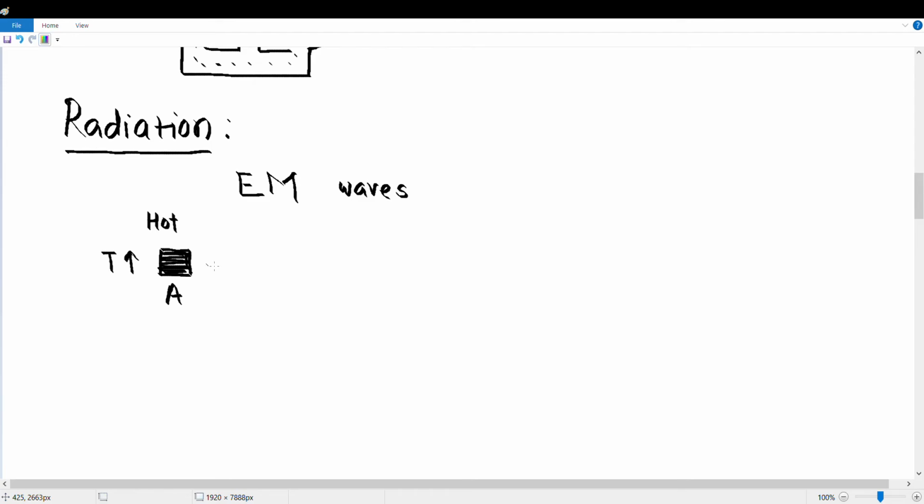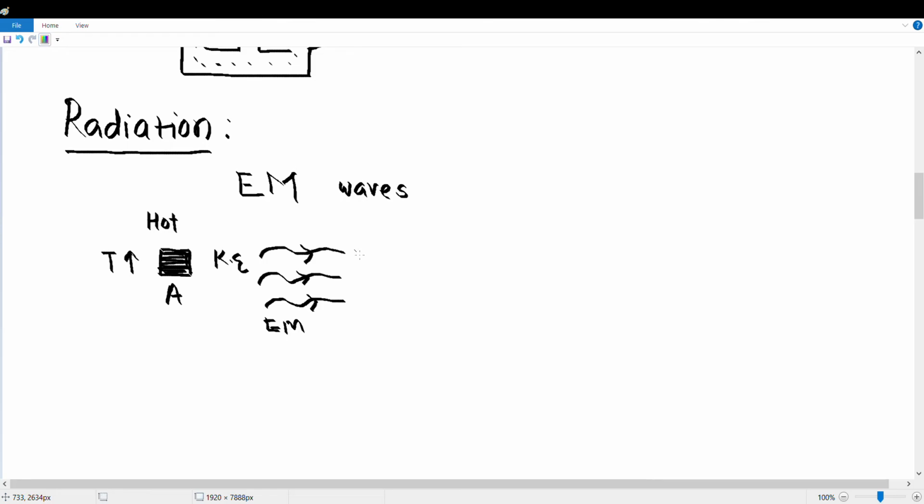They have maximum kinetic energies. Their kinetic energies are increased. And when the kinetic energy of these molecules of this hot body is increased, then they radiate electromagnetic waves, or they lose their energy in the form of electromagnetic waves.